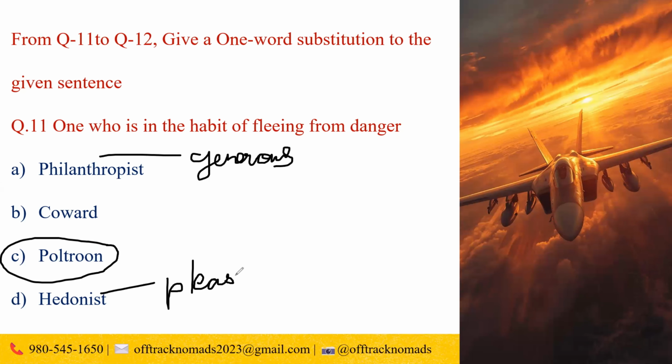It is hedonist. So again, this is how you have to learn from the question paper. In a single sentence, you are learning more than one or two things here. Very, very important. It is not about how much you solve or how many answers you get correct. It was all about how much you learn. So in a particular sentence, you could have gone for coward, but poltroon is more aligned towards the question. That is why it is the answer. Right? Next one.